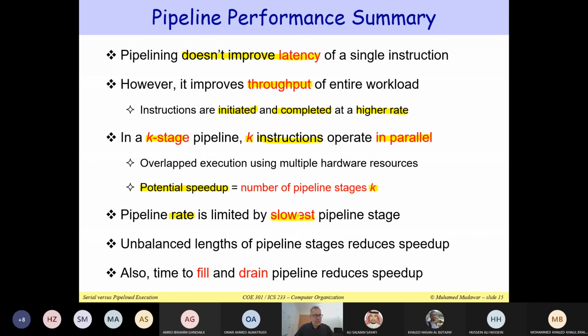So it depends on the slowest stage in the pipeline. If these stages are not balanced, this is going to reduce the speed up and impact the performance, as we have seen. Also, the time to fill and drain the pipeline, I did not talk about it. If you empty the pipeline and then fill it, this is also going to reduce the speed up. But I will talk more about it in my next presentation.